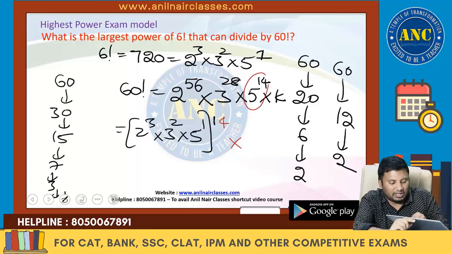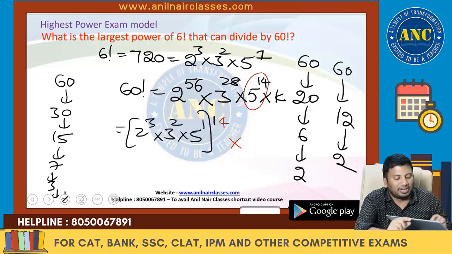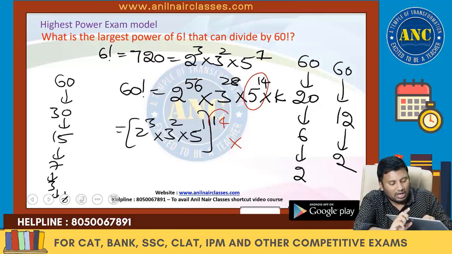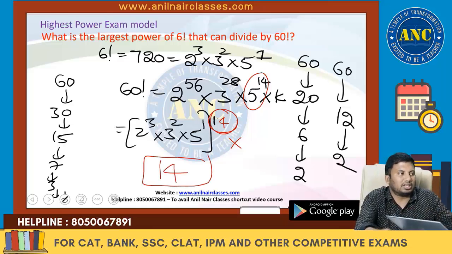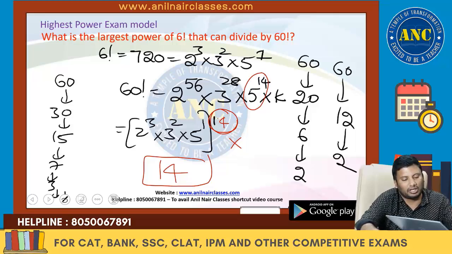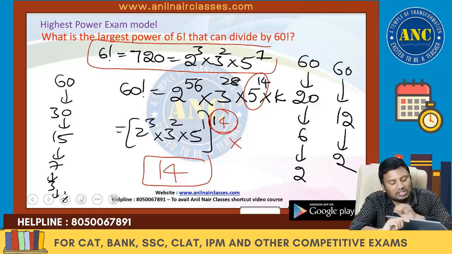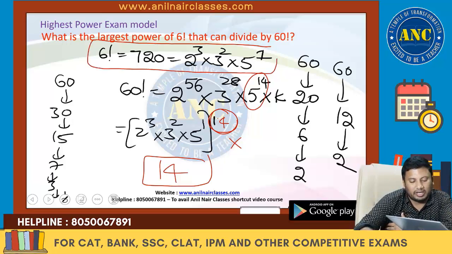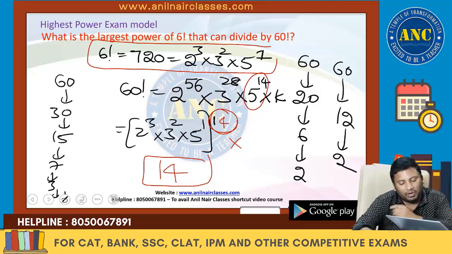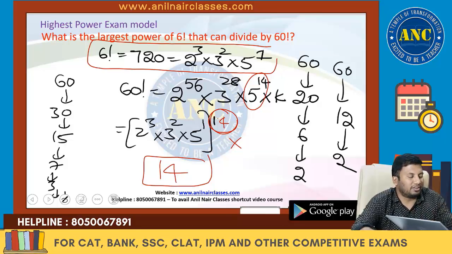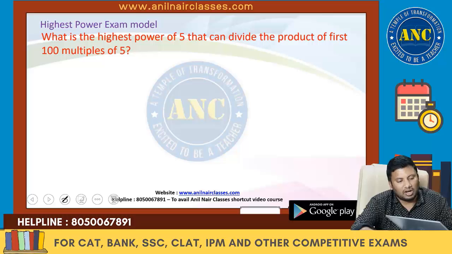Because 14 is already present here. 14 2s are 28, 14 3s are 42. The highest power of 6 factorial is 14. 6 factorial is 720, which is 2 cube into 3 square into 5 power 1. I need 5 power 14, so 14. 2 14s are 28, 14 3s are 42. I hope it is all clear.